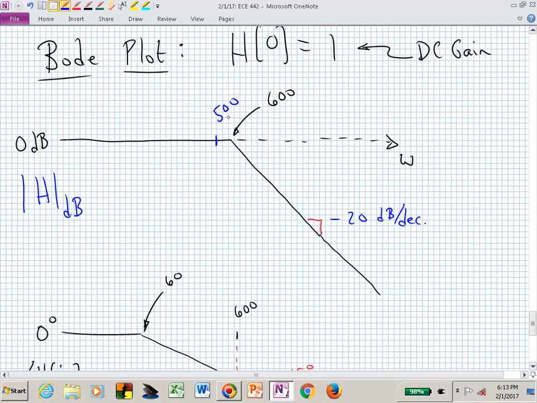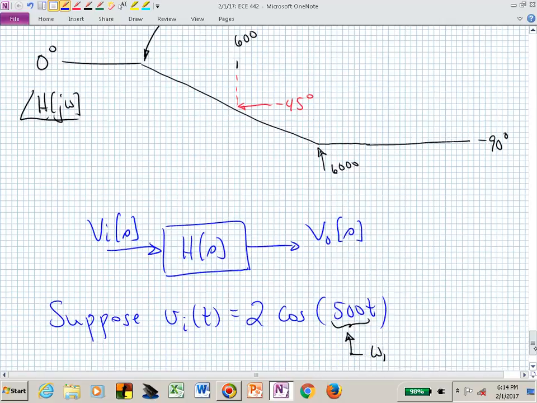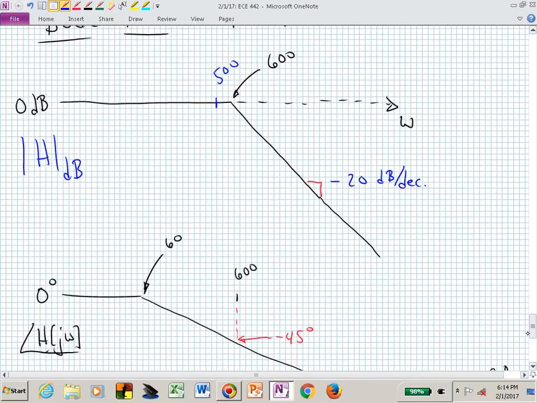And in our straight line approximation, we shouldn't be changing the magnitude much of that cosine wave of 500, but we know that we start to transition, so it will be less than just 2, which is what we're injecting. And what's the phase angle going to be?